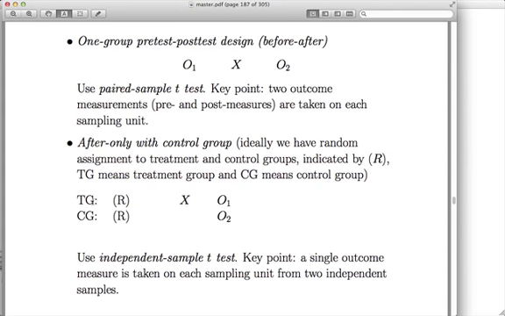All right, so using medical jargon, you have a treatment group and a control group. So you have a bunch of sampling units, you divide them up into two groups. One group is the treatment group, one is the control group. That's what TG and CG stand for. The R's indicate that you randomly assign people to these two groups. The treatment group gets the new and improved treatment, the control group doesn't, and then you take a measurement.